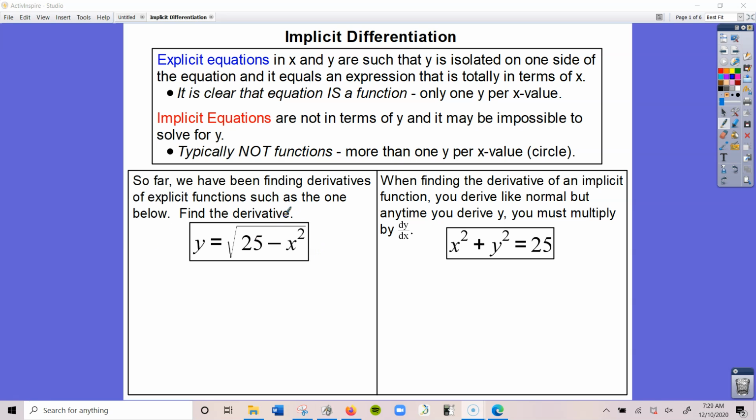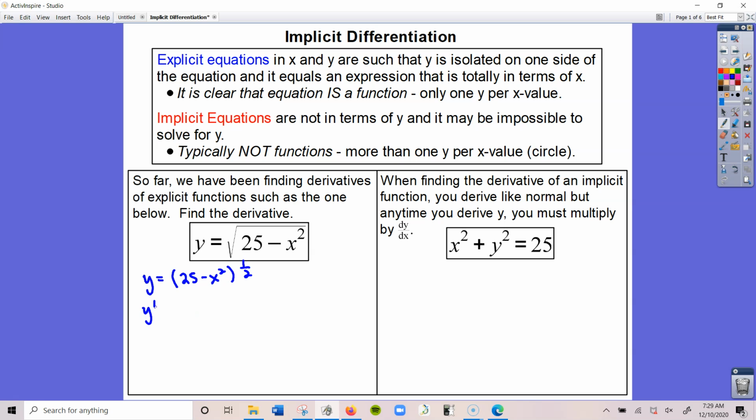The first one here is an explicit function, which we know how to find the derivative of because we've done this before, right? So if I were to rewrite this as y is equal to 25 minus x squared raised to the 1/2, I can find the derivative by applying the chain rule.